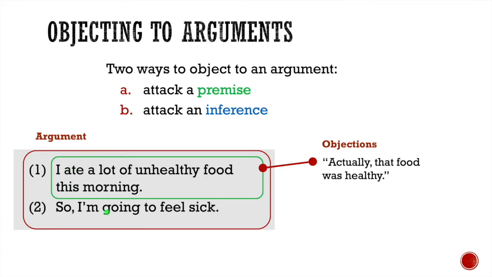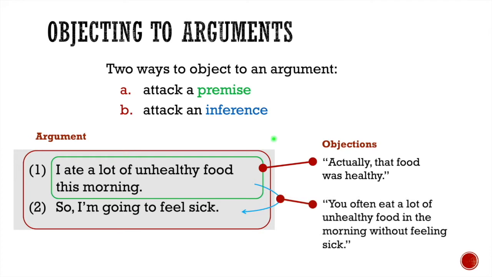A different way to argue that this argument is bad is to attack the inference. So to attack the idea that the premise gives us good reason to believe the conclusion. And in this case, we can attack the inference by saying something like, you often eat a lot of unhealthy food in the morning without feeling sick.